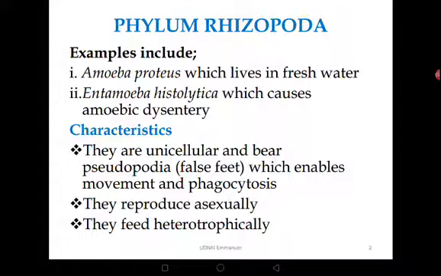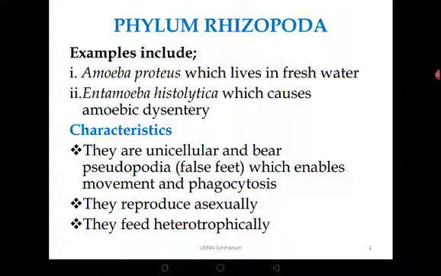The word pseudopodia can be divided into two: pseudo meaning false, and pod meaning feet or foot. So pseudopodia is false feet. They don't have true feet, but they have false feet. The feet-like structures that develop for a given purpose, either movement or feeding.